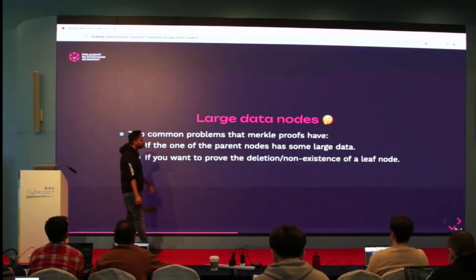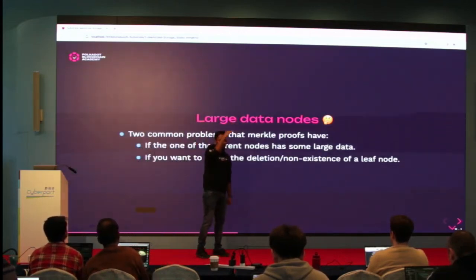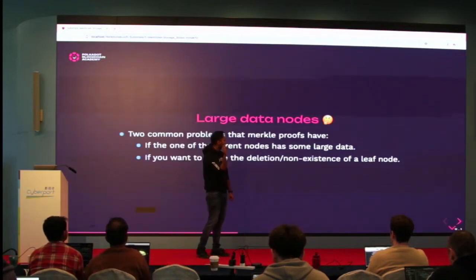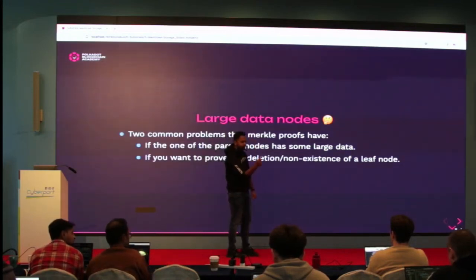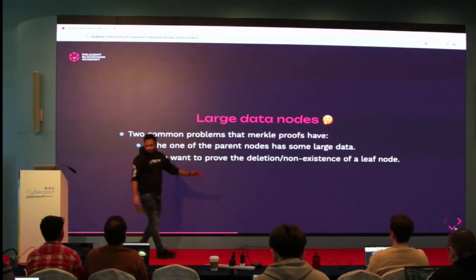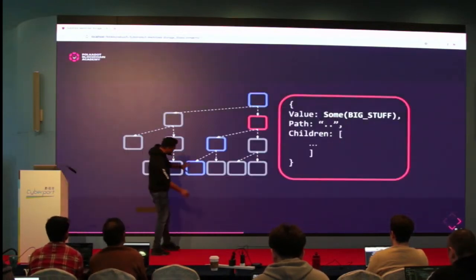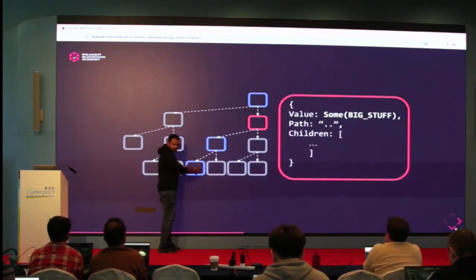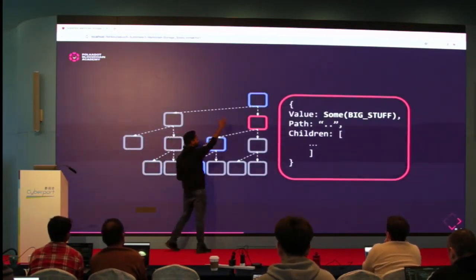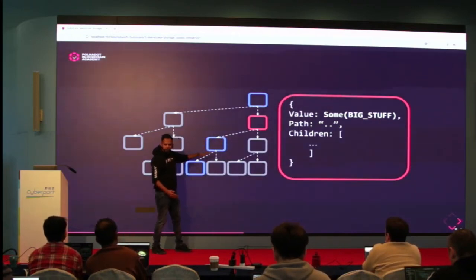This question was asked. So you saw the proof, right? Proof is from the state root till the actual node that we want to provide the proof for. That is the thing that you have to pass as a proof, right? Imagine you have to provide this value. To give a proof, you have to give all these nodes that are on the path, right?